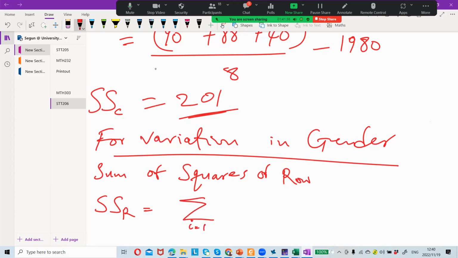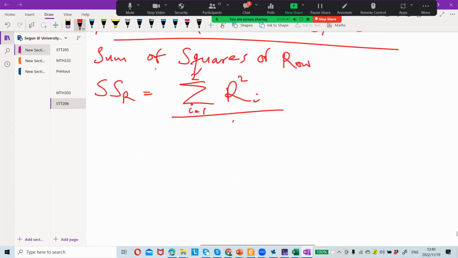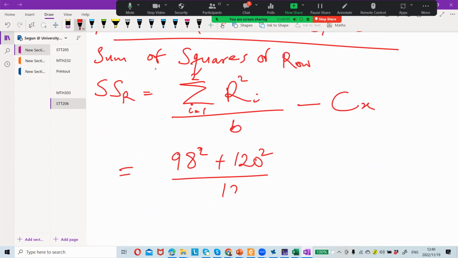The sum over i from 1 to 2 of R squared, divided by B, minus C, the correction term. So in this case, we have 98 squared plus 120 squared, everything divided by 12, minus. Do you agree with me?